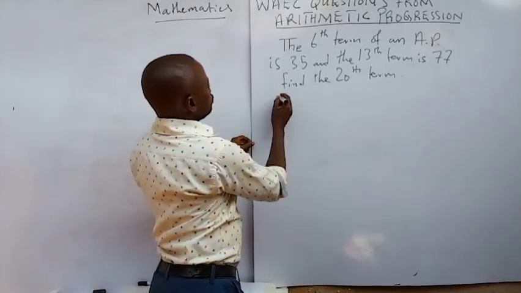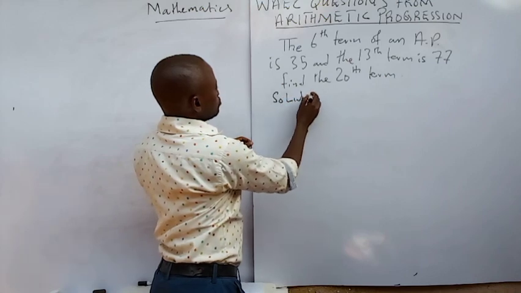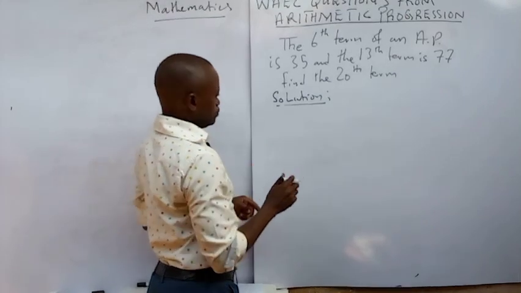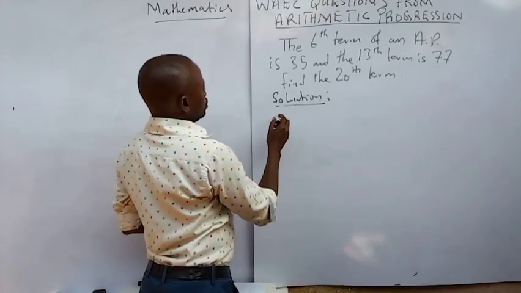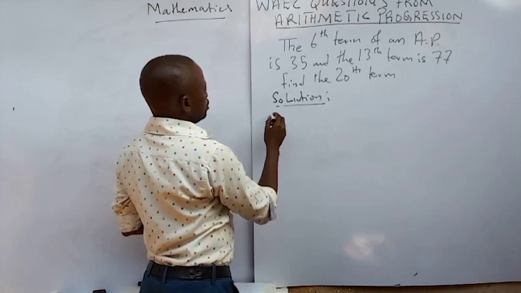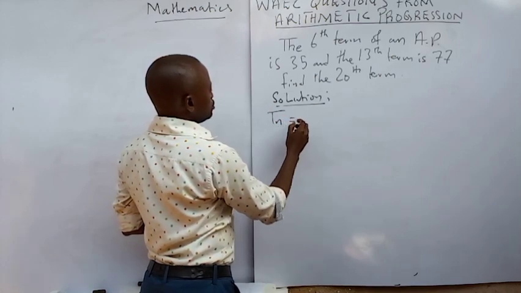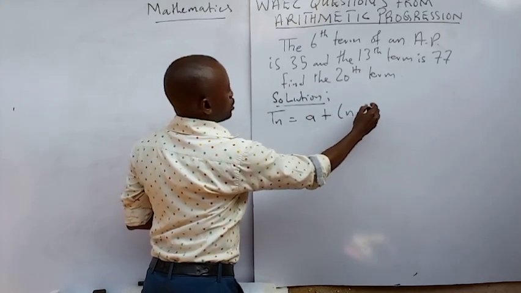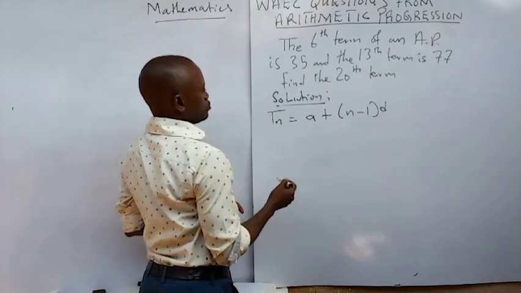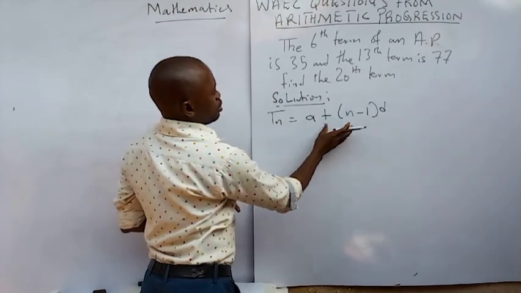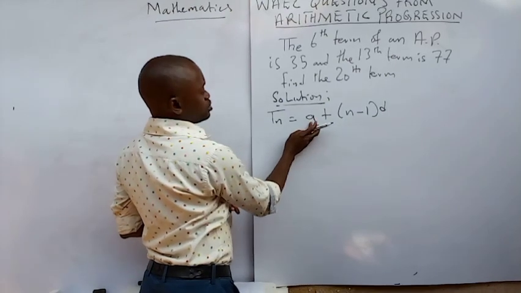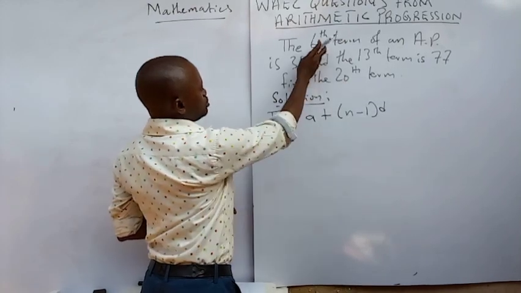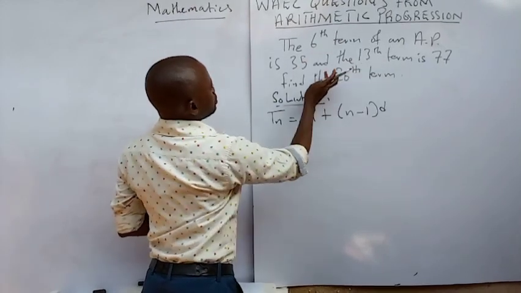All right, solution. I will write the mathematical expression first. So here we go. Tn is equal to A plus (n minus 1) times the common difference. Now the first term is not given and the common difference is not given, but I'm seeing n being 6 and the value is provided as 35.